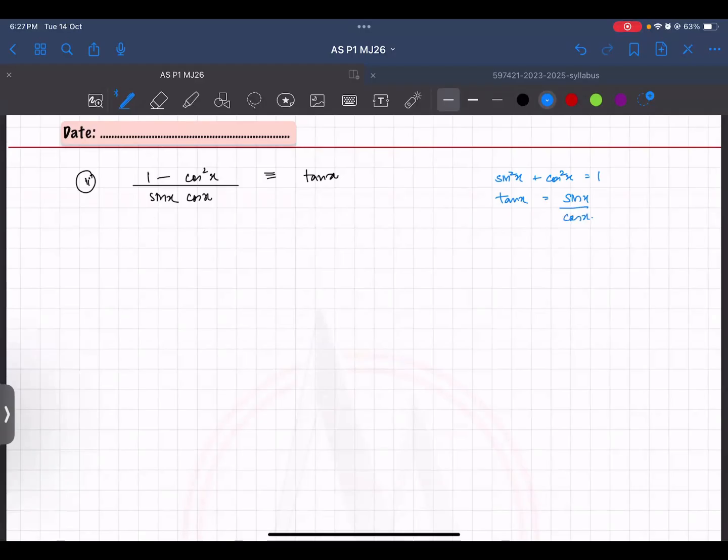So what can we do? 1 minus cos square upon sin x cos x. If I manipulate this identity further and make sin square the subject, this will be 1 minus cos square.